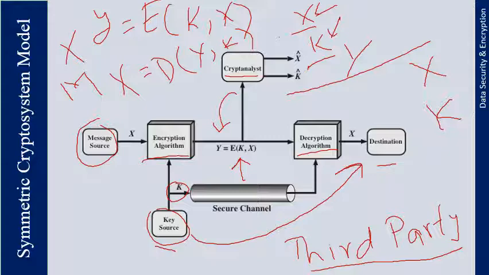So for both techniques, he can apply some methods to extract an estimate of the current message, known as X bar, or he can use different exploits to find out the key, known as K bar. So he can use a variety of keys and a variety of messages to find out the exact message from the ciphered text.